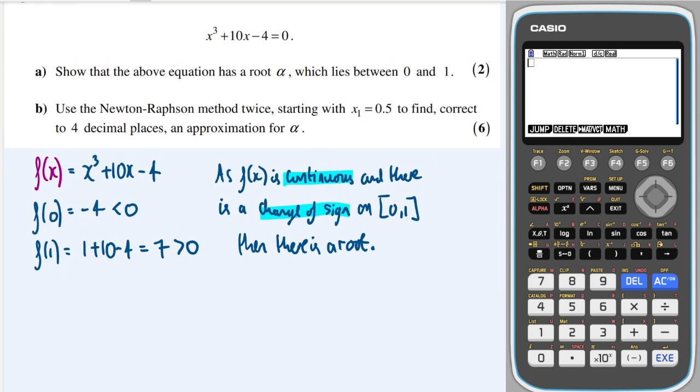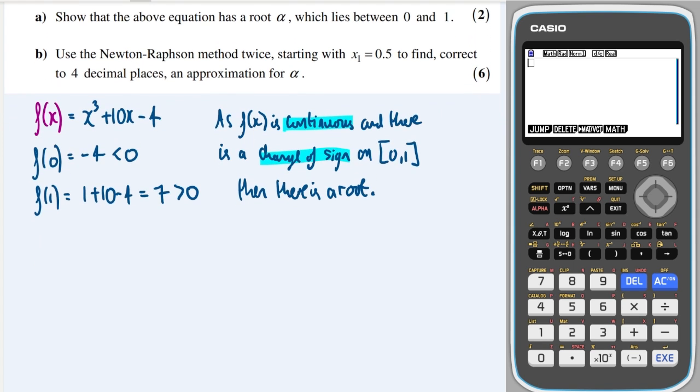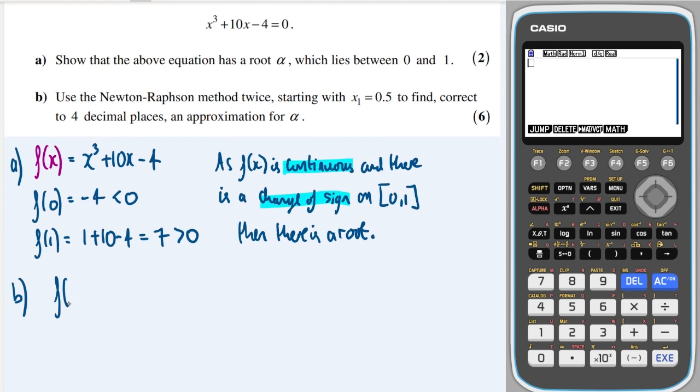Okay, Newton-Raphson method twice, starting at a half to find correct 4 decimal places and approximation of alpha. Great. So that was part A. This is part B. We're going to need to differentiate the function. So we're going to need to find f dash of x, which will be 3x squared plus 10.